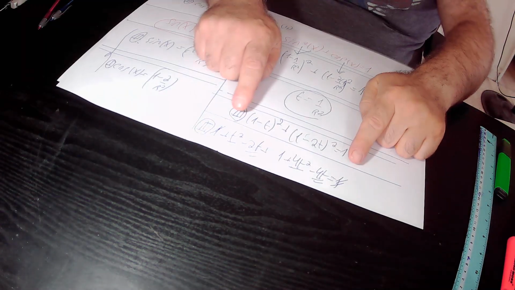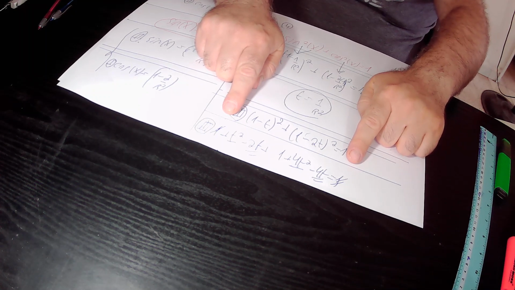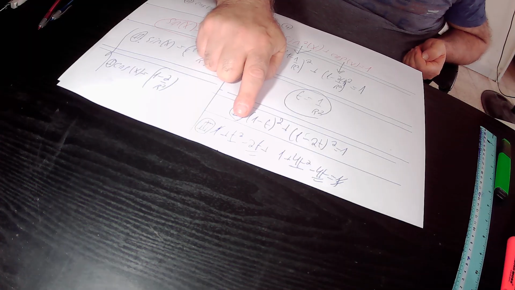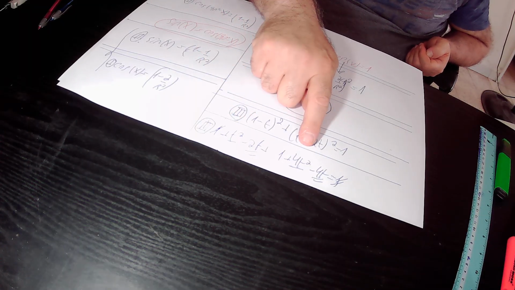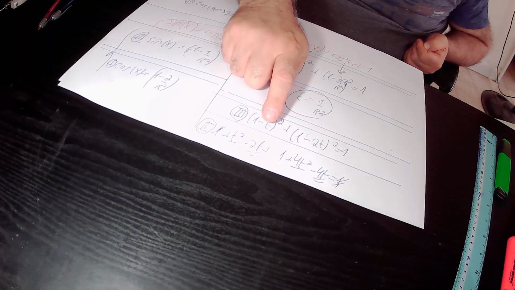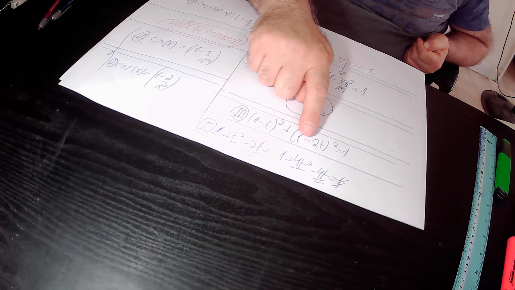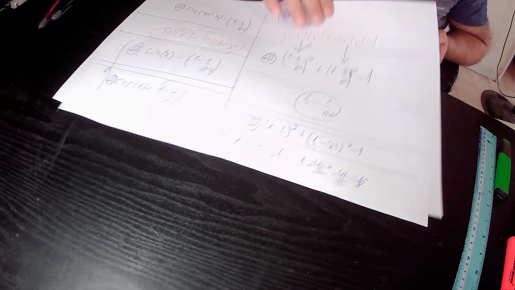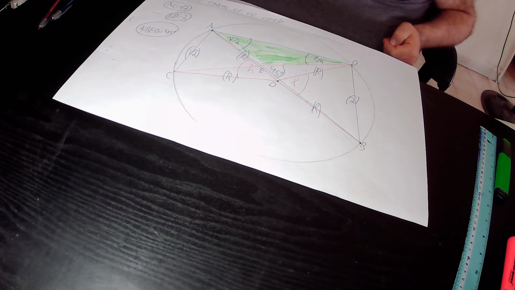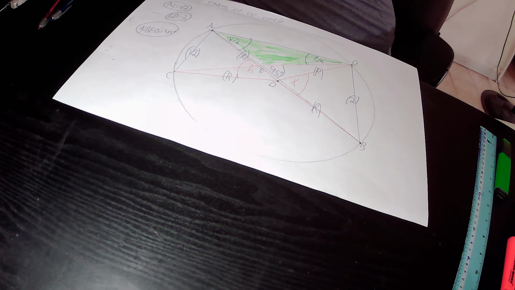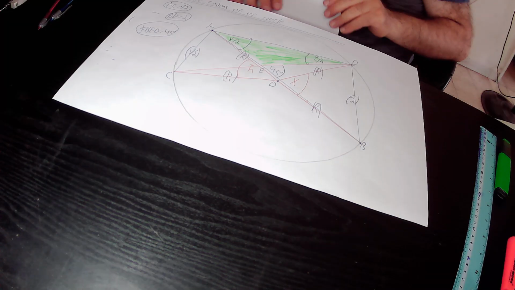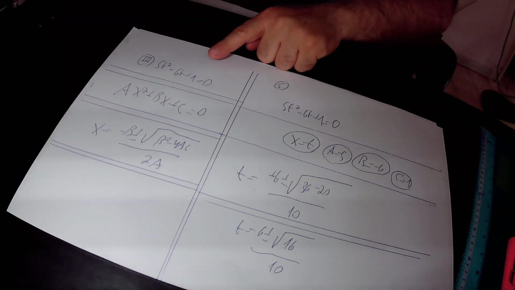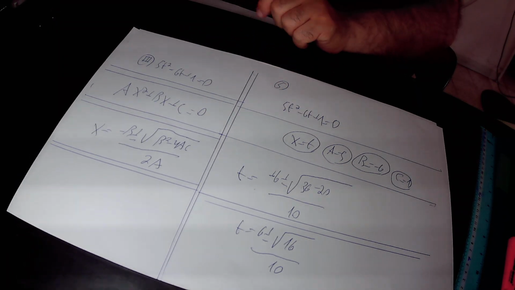So here we have 1 on both sides of the equation, so the 1 gets cancelled. After we cancelled 1, we are left with t squared plus 4t squared is 5t squared, and we also have minus 2t minus 4t is minus 6t, plus 1 equals 0. So we found that 5t squared minus 6t plus 1 equals 0.